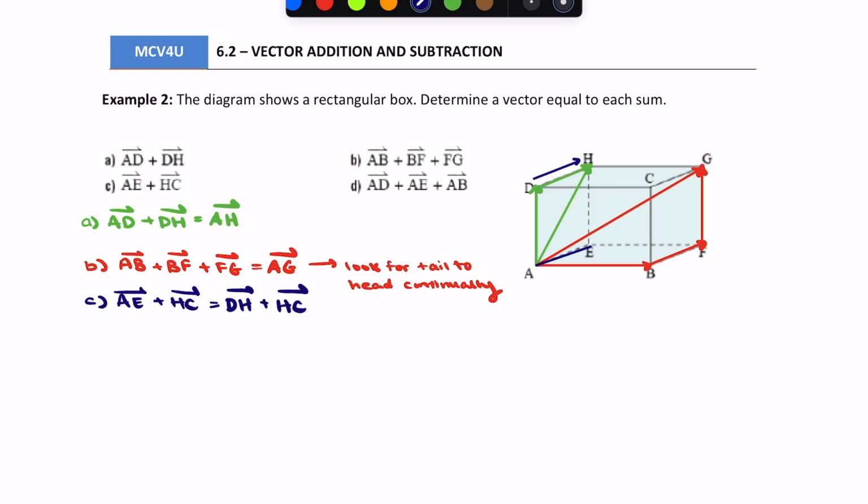And so here we have vector DH plus vector HC. And so here we see that, again, we connect that together. Again, our resultant vector will be vector DC.